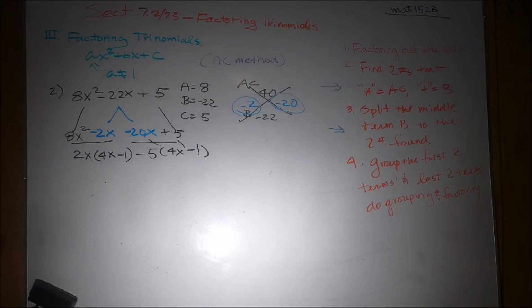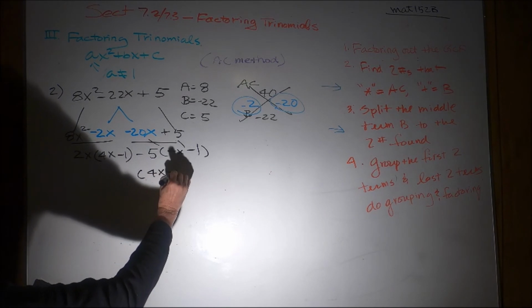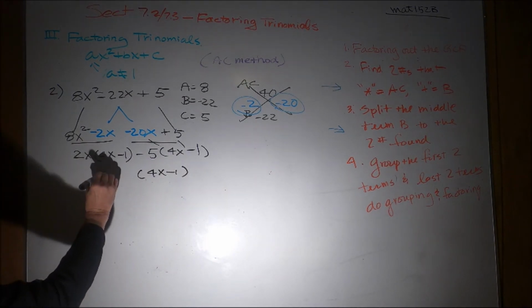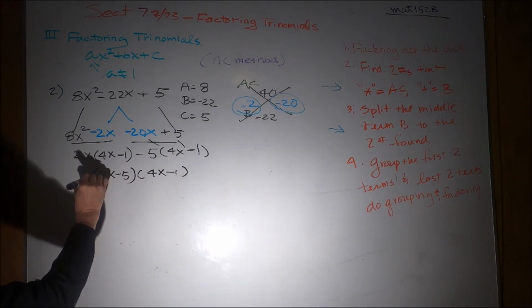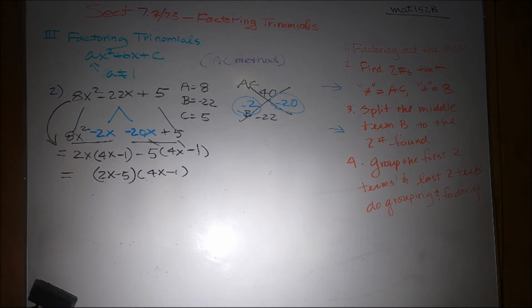So for the purpose of your class, if they are not the same, that means you are not doing it right. So you just have to redo it, make sure it's correct. Then after this, you should have 4x minus 1 the same, and 2x minus 5, right? So that's how you have it.